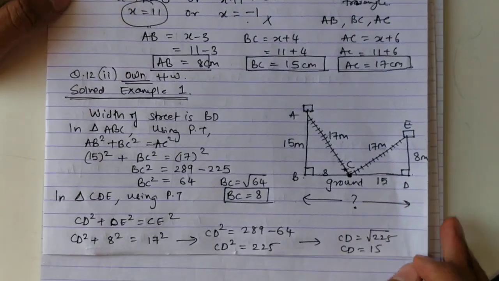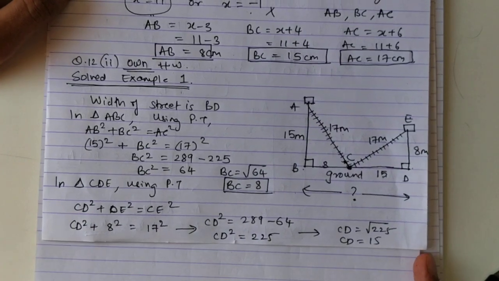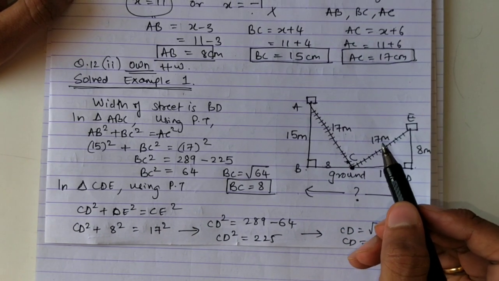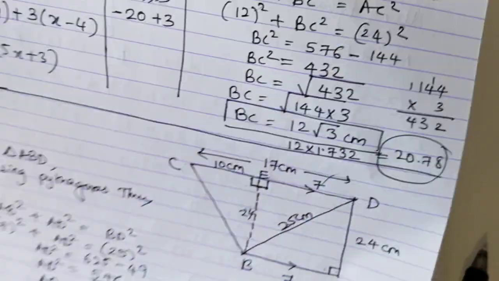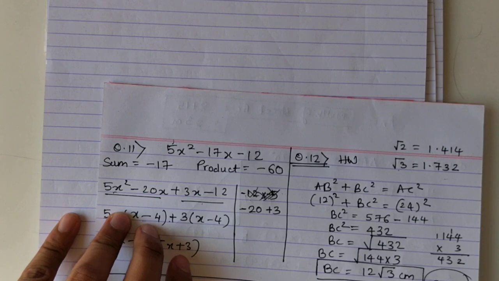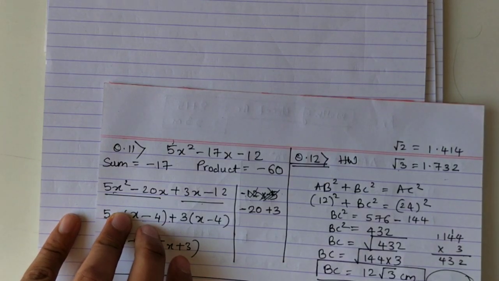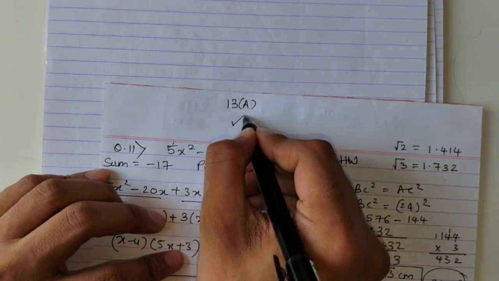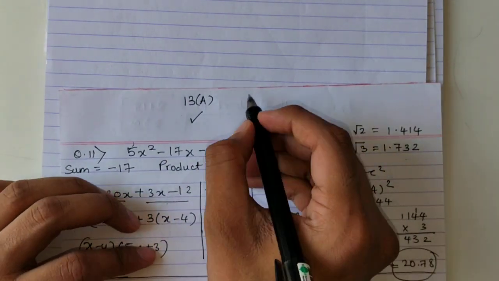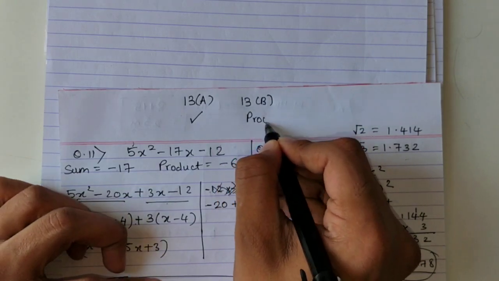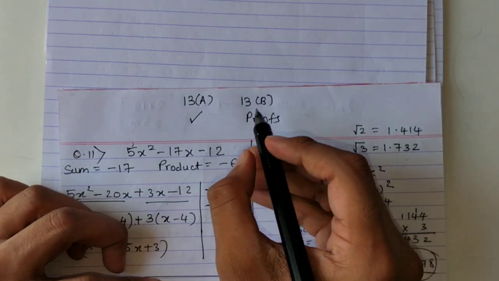Now, I want to tell you that in Pythagoras, the B exercise in this chapter, see. We have completed 13A. Now, this 13B exercise is full of proofs. Okay, full of proofs.